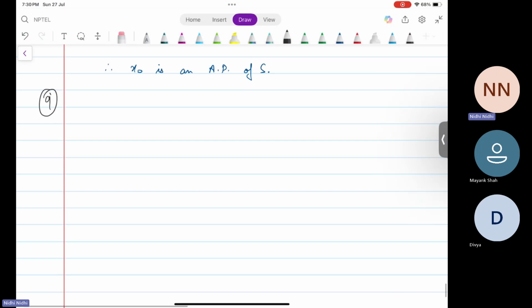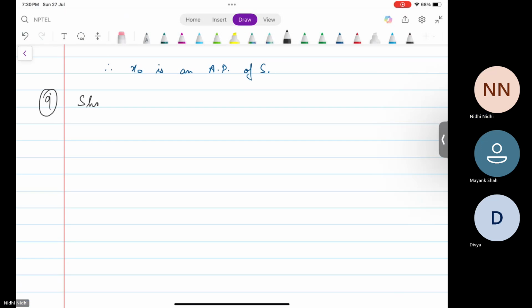Question 9. Show that if V is a normed vector space, I hope you all remember what we mean by normed vector space: a vector space that has a norm as well, the norm having three properties.